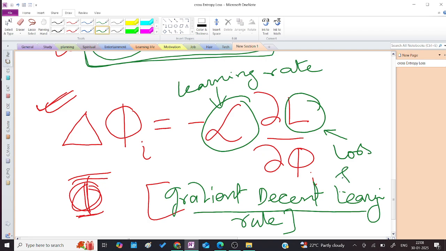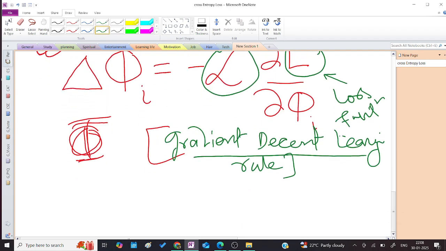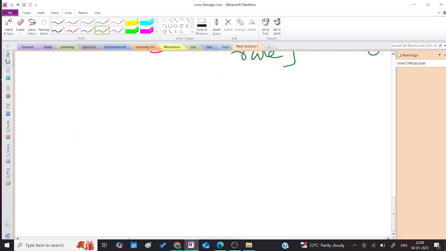Loss function. In some books you may find L written in this form, because L is ultimately dependent upon the parameters.